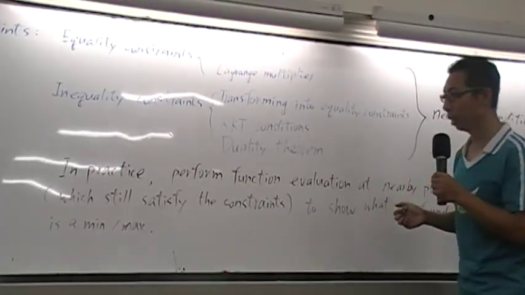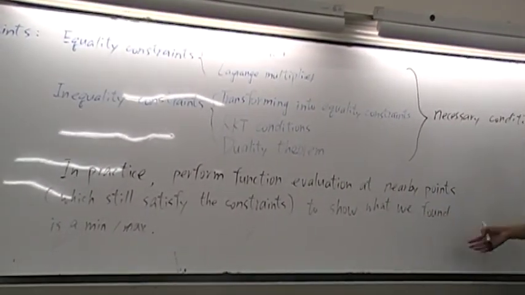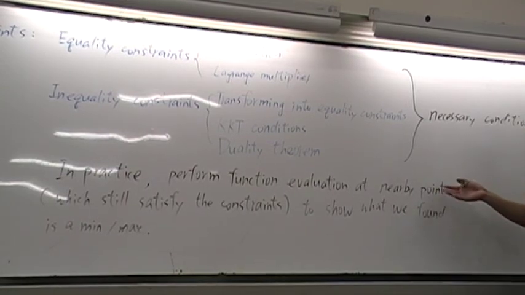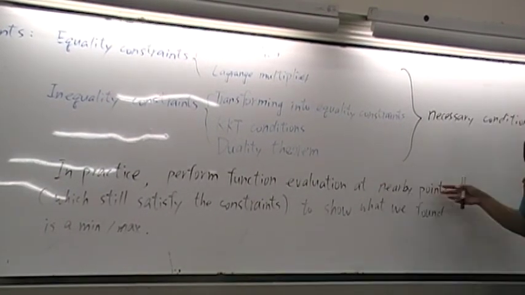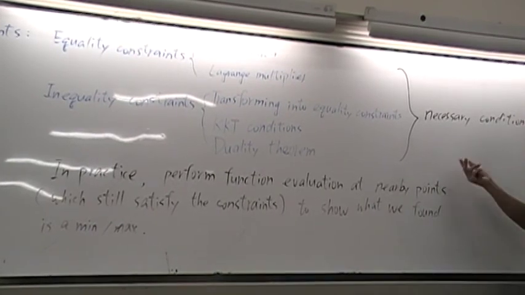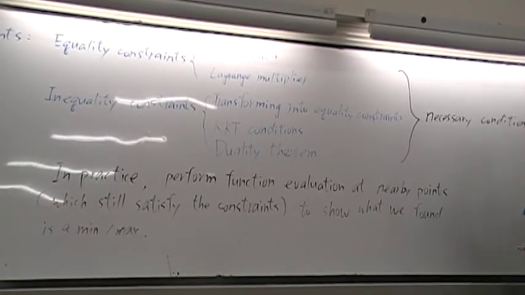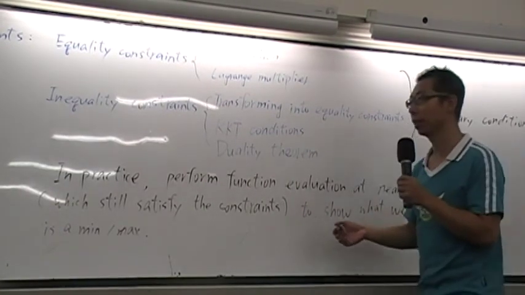Okay, so this is usually what we do, and I know this is not a very strict way, but it's a lot easier, okay, and usually this is fine. Okay, but if you want, you can perform this kind of function evaluation at more points around the points you have found, and then you will be more confident about whether what you have found is a minimum or a maximum.